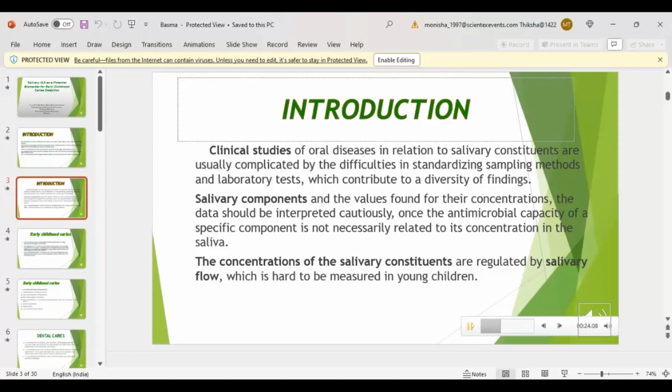So, the salivary components and the values found for their concentration, the data should be interpreted cautiously, once the antimicrobial capacity of this passive component is not necessarily related to its concentration in the saliva. The concentration of salivary constituents is regulated by different factors, including the salivary flow, which is hard to be measured at that age.